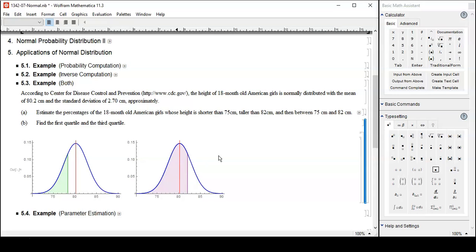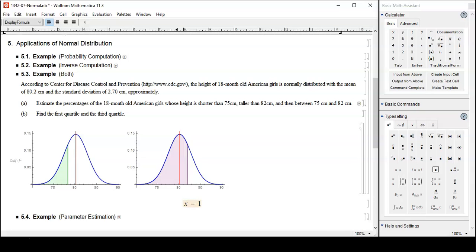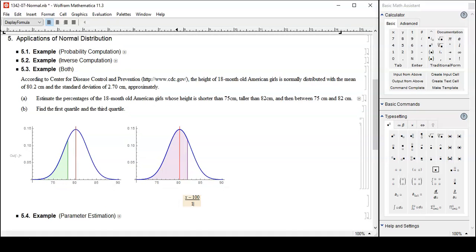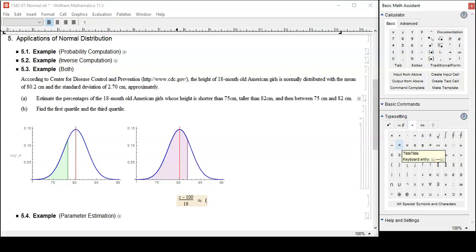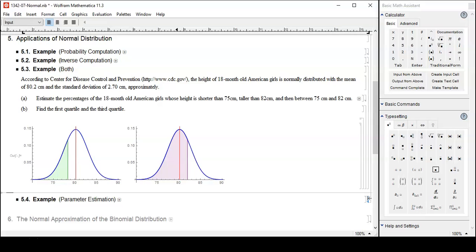Well, setting up the same equation, x minus mu over sigma, so basically x minus mu over 16 is approximately equal to, well, some number which will come from the z-table, and then solve this, you're going to get the x value. Again, good luck.